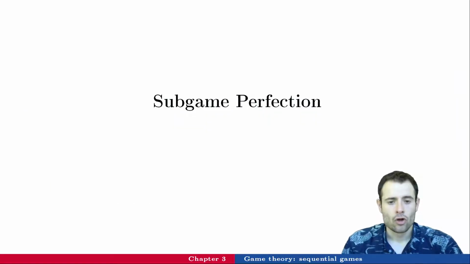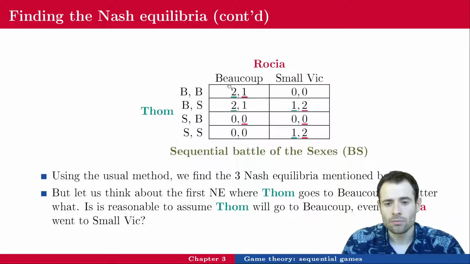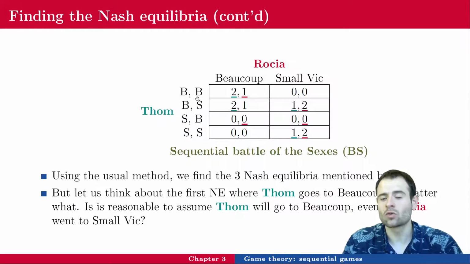In this Nash equilibrium, Tom is playing a best response when she goes to beaucoup. But this strategy says that he would go to beaucoup if she went to small victory. Well, in real life, if she goes to small victory, he will follow and go to small victory.